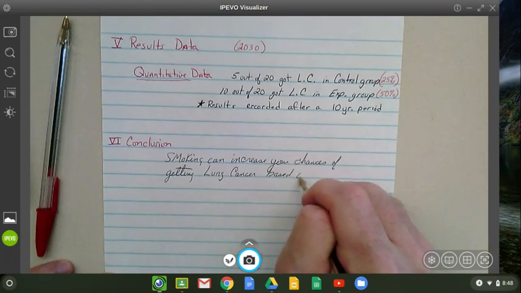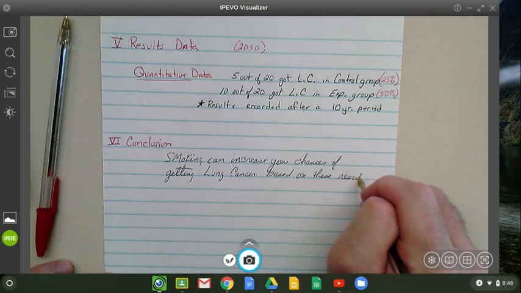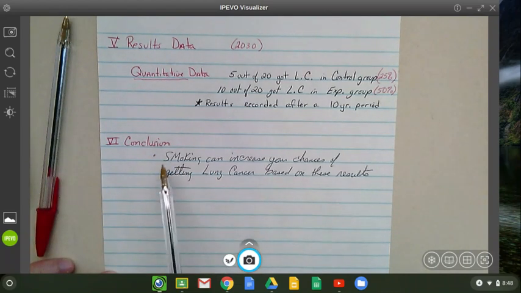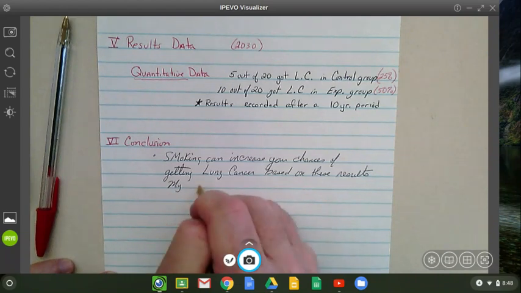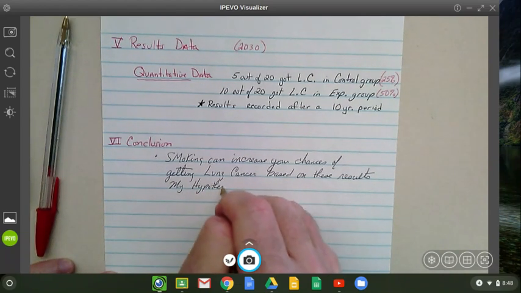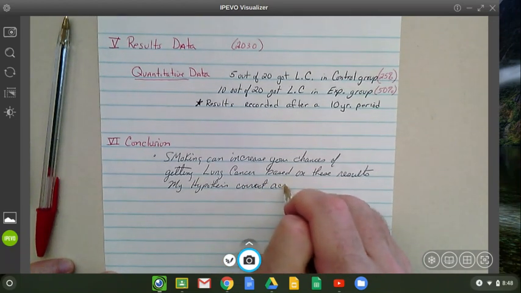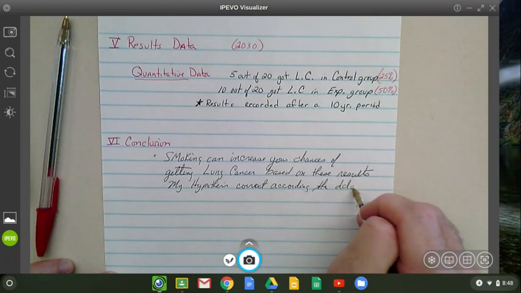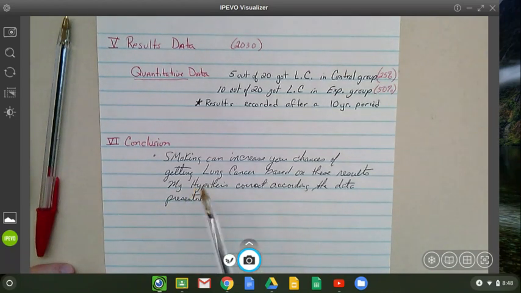And we have to say that based on these results, because somebody else could set up a similar experiment and maybe get different results. So this would just be what my findings would be. And then I can add to this and say that my hypothesis was proven correct according to the data presented. So because my hypothesis was proven to be correct, I don't need to retest.